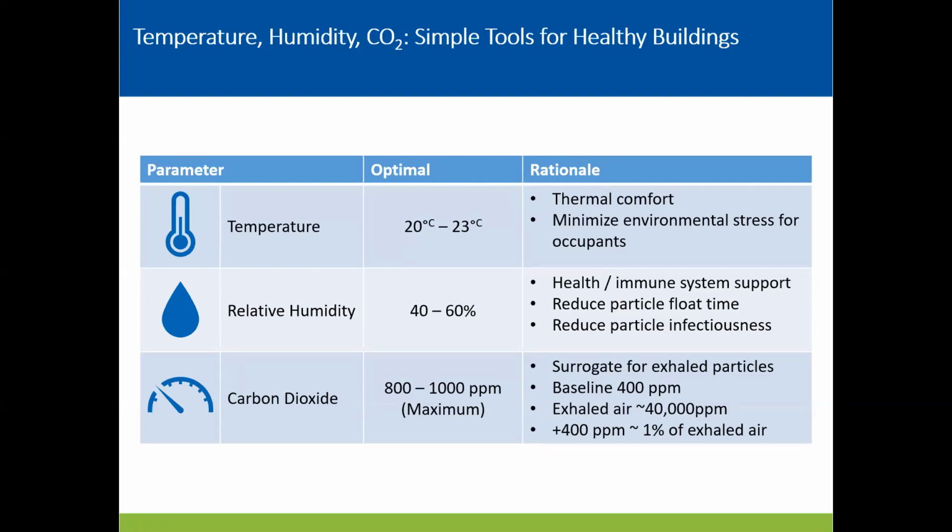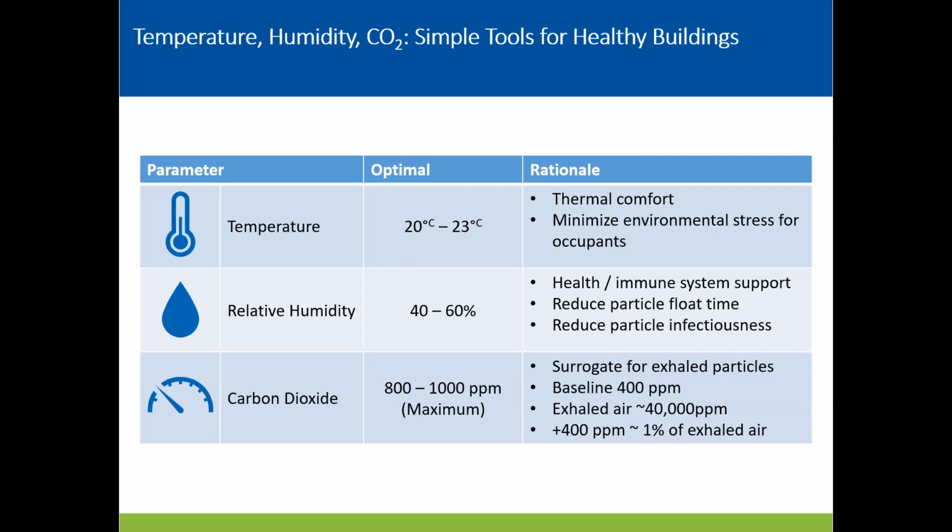The human body will exhale about 40,000 parts per million of CO2 in a breath. And if your room carbon dioxide increases from 400 to 800 parts per million, so an increase of 400 parts per million, that basically means that you're breathing in 1% of somebody else's exhaled air.